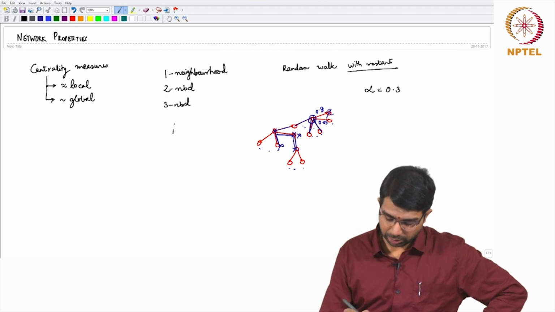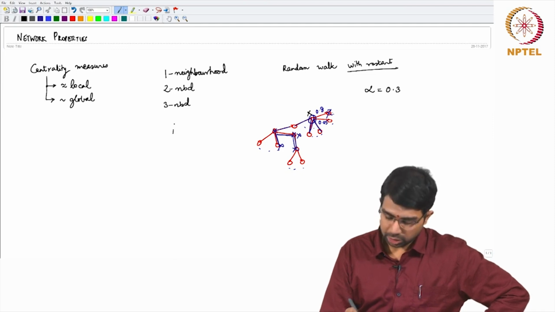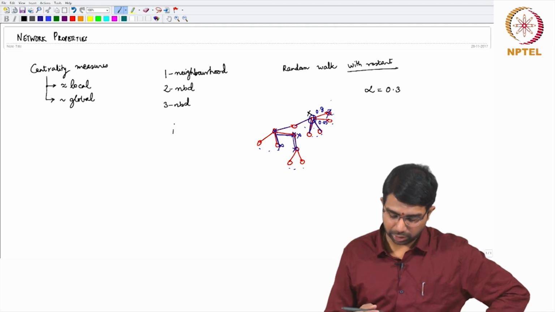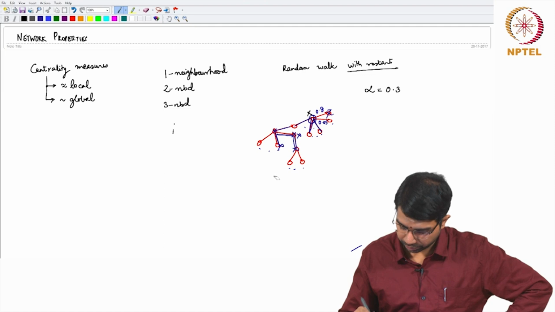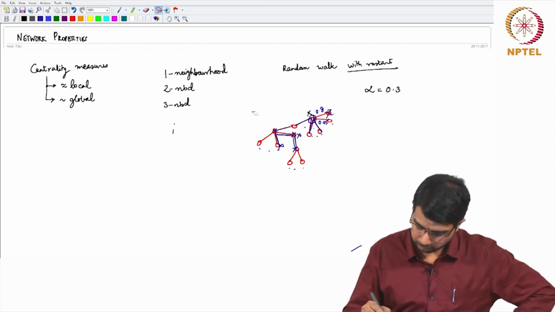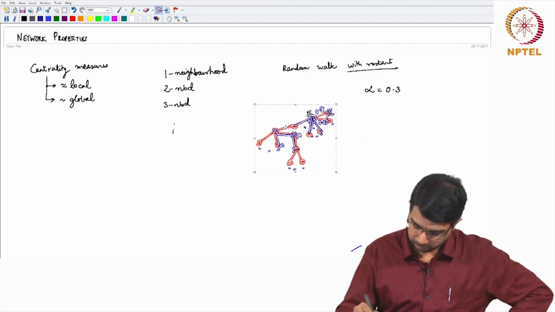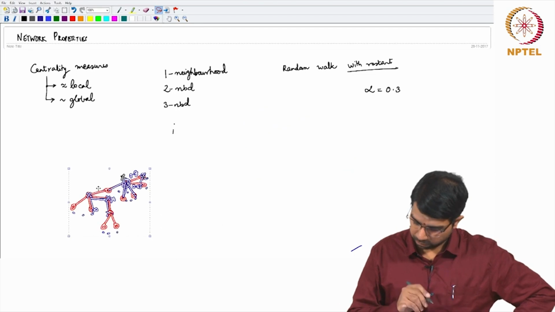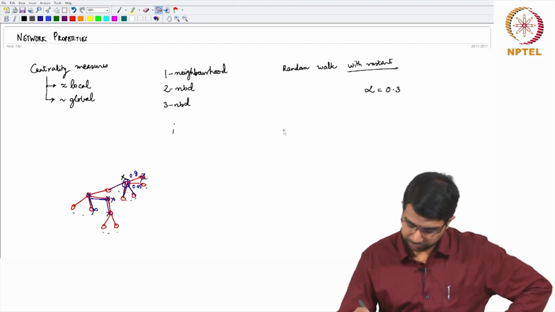Let us say you are exploring the same graph that we looked at and you started at this point, right. You will explore, so you may first visit this, then you may come back here and so on, or let us just take a fresh graph for a moment. Okay, so let us take another graph.